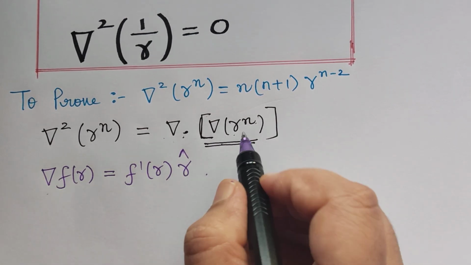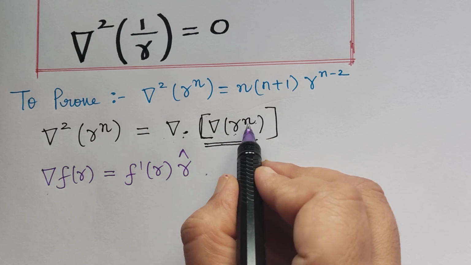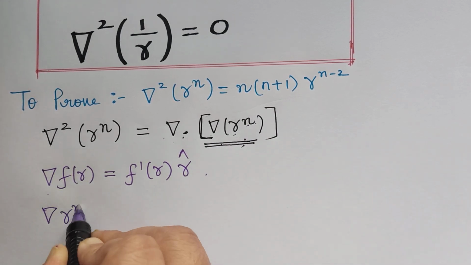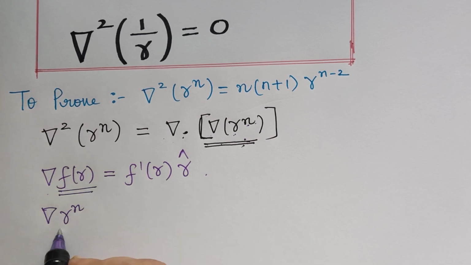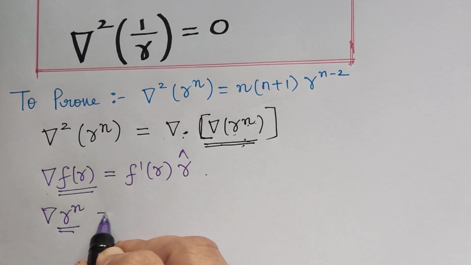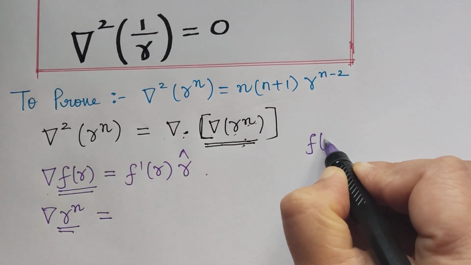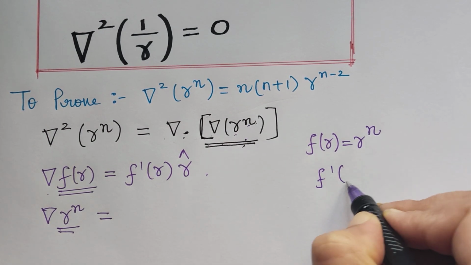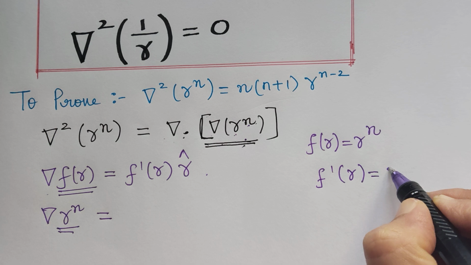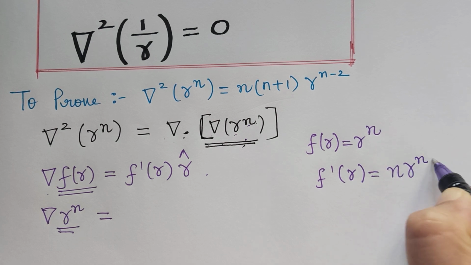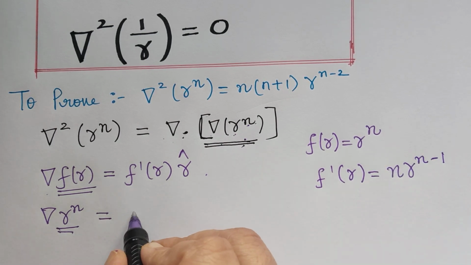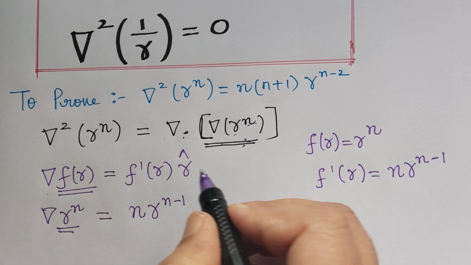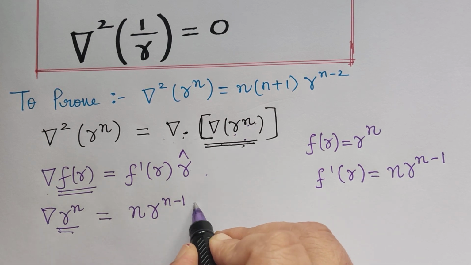We want to find nabla r to the power n, so f of r is equal to r power n. Then what about f dash of r? It will be equal to n r to the power n minus 1. So we shall substitute that: n r to the power n minus 1 multiplied with r cap.